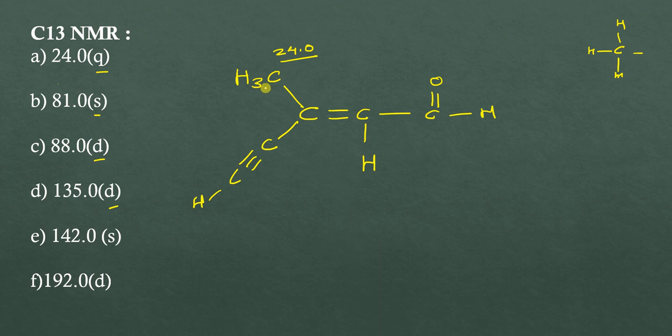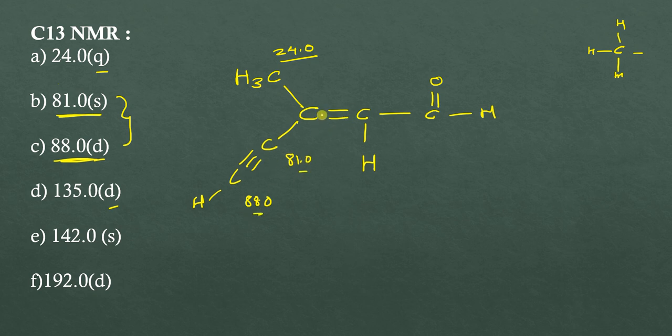Then we have this 81.0 singlet and 88.0 doublet, these two peaks, right? So these are in the region of alkynes. So this doublet at 88 is for this carbon, and this 81 is for this carbon, right?